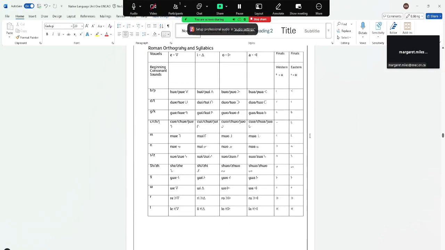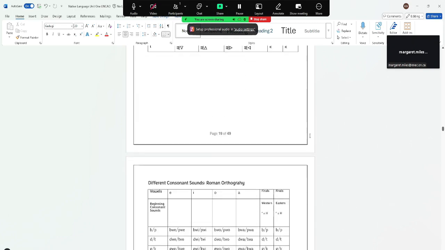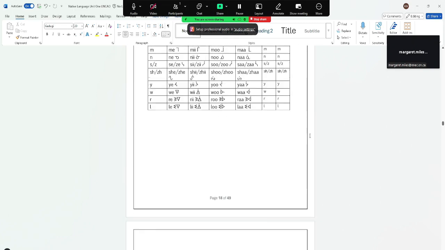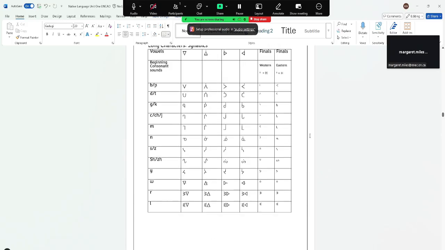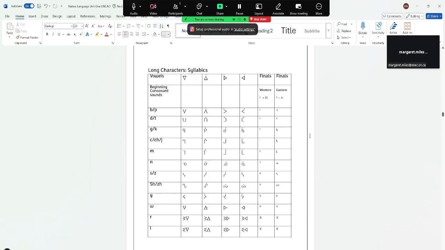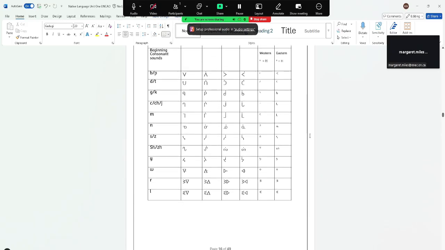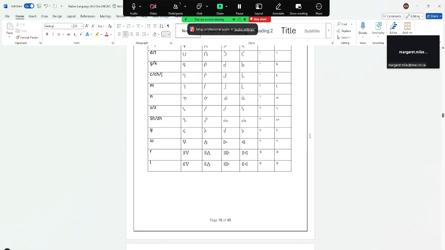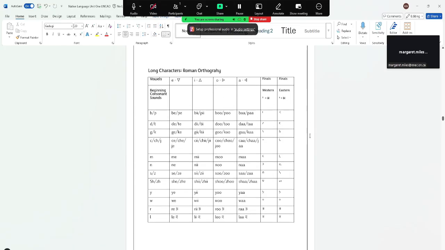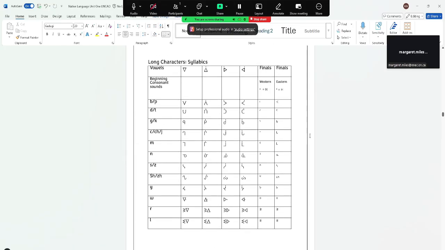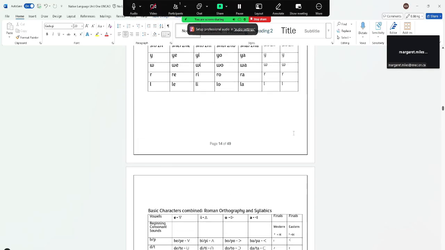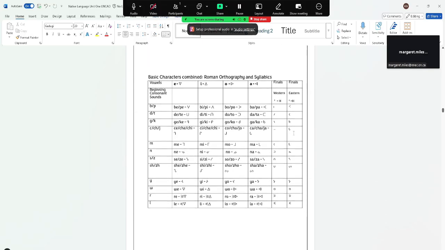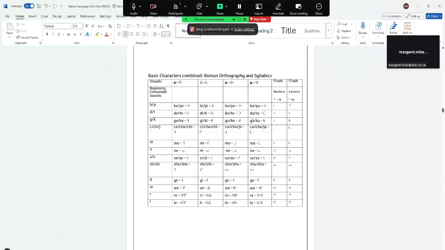So when we go back to the basic character chart, if you look at the vowels and the finals, the combined chart.